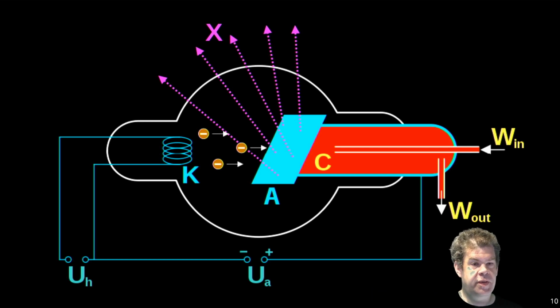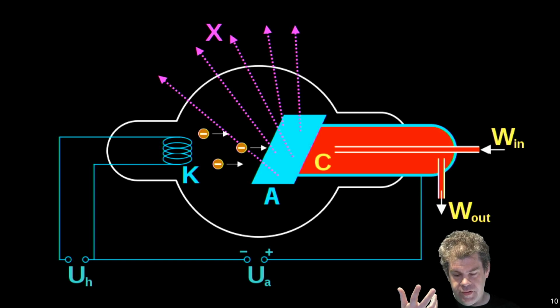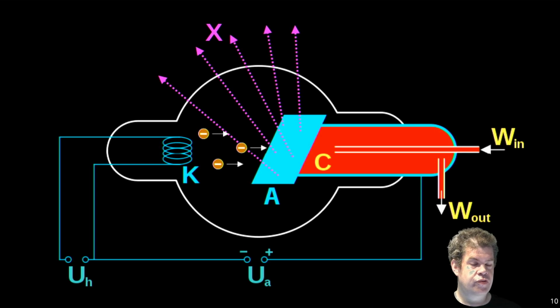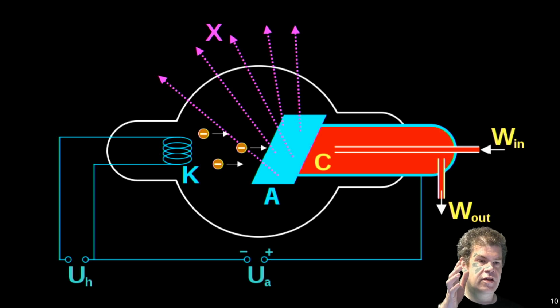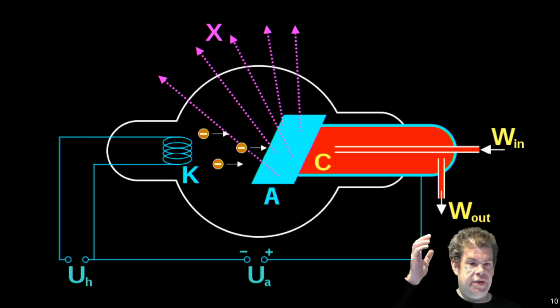The speed determines the radiation type. If you choose that properly, with different currents and different distances, you get your X-ray, and that's emitted.